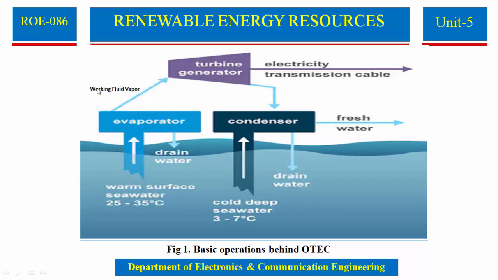This will make the working fluid into vapor. That vapor goes to the turbine generator. This will run the turbine, and now the low heated working fluid comes to the condenser, where it is condensed by cold deep sea water. This is the entire cycle of generation of electricity from the OTEC.